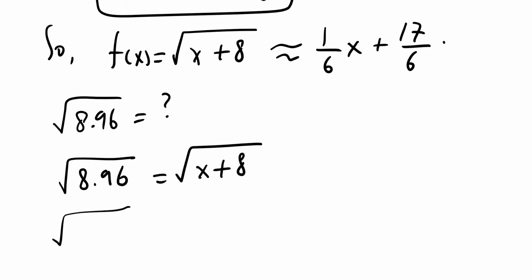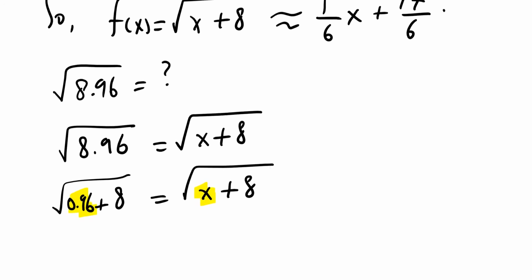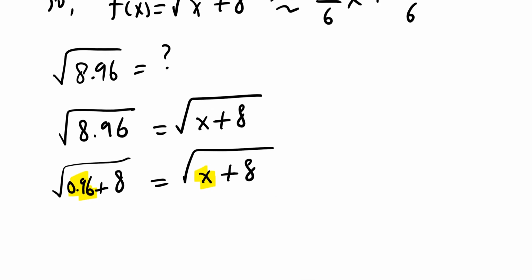That looks like I can rewrite this as 8 plus 0.96. And comparing both sides, I see that x is the same as 0.96. So here x is 0.96.